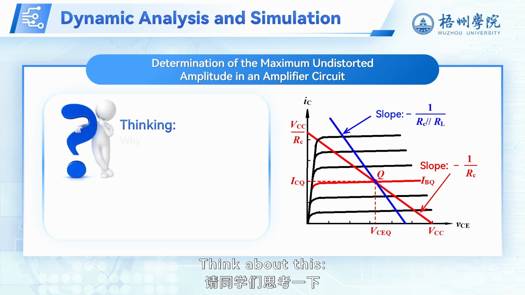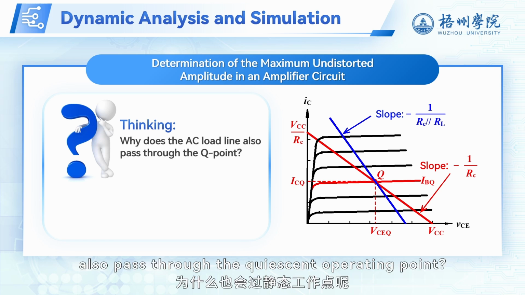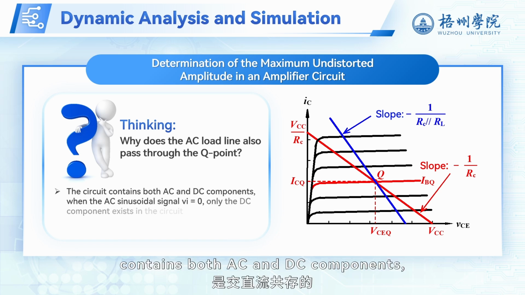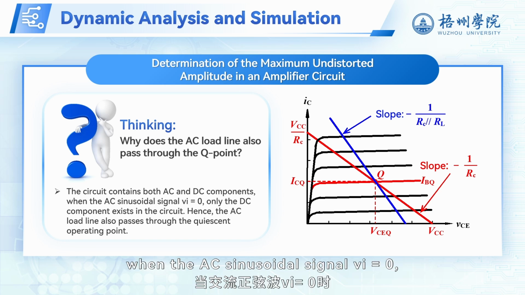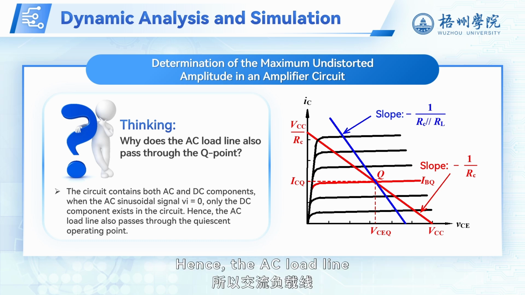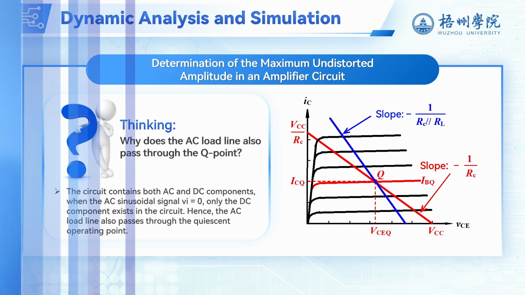Think about this. Why does the AC load line also pass through the quiescent operating point? Because the circuit contains both AC and DC components. When the AC sinusoidal signal VI equals 0, only the DC component exists in the circuit. Hence, the AC load line also passes through the quiescent operating point.